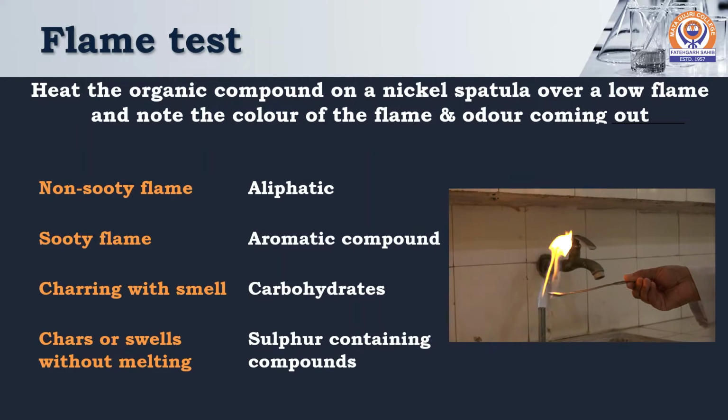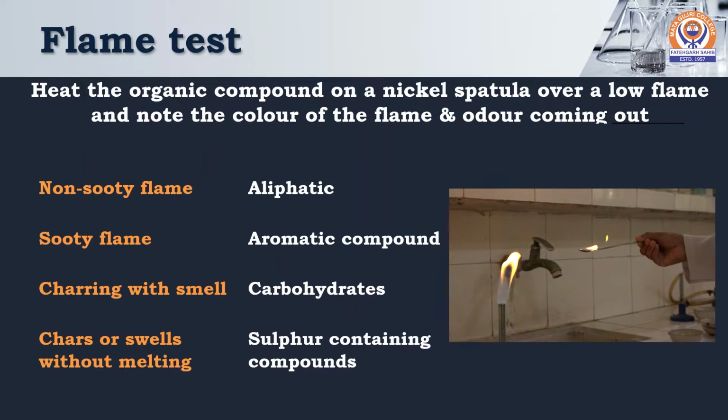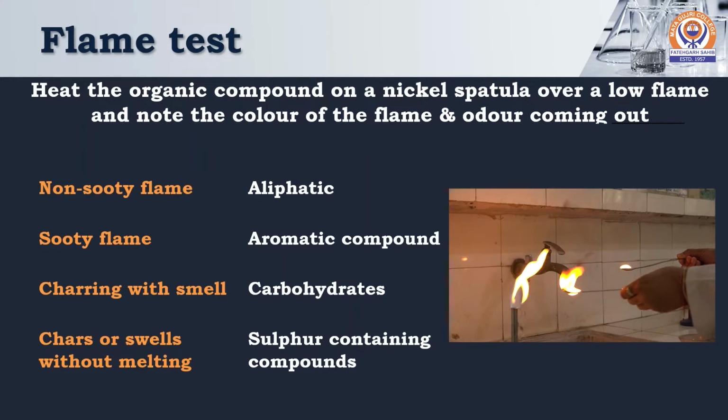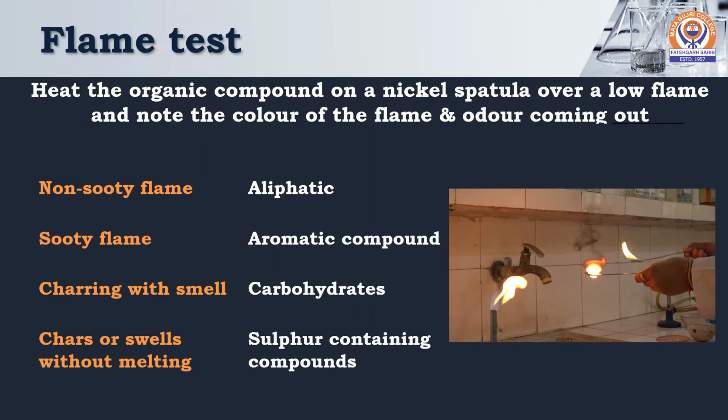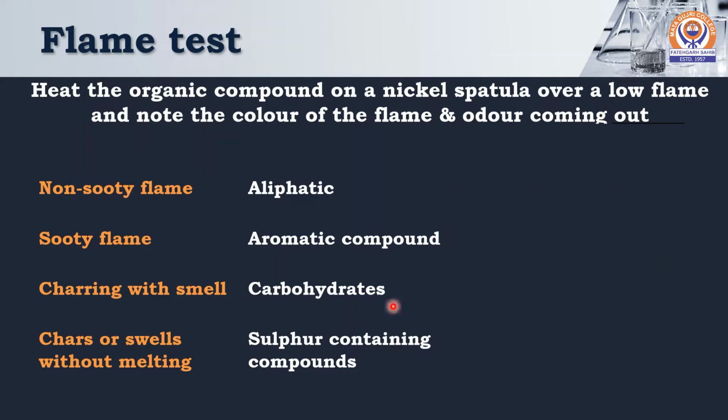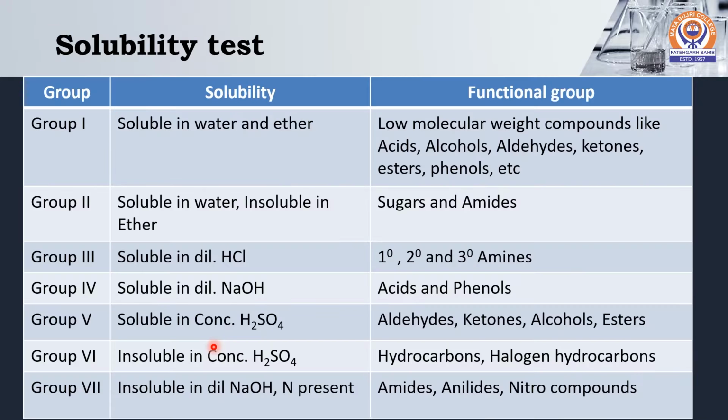As you can see in the video, it is giving a non-sooty flame, so aliphatic compound. And sooty flame is given by benzene, which is an aromatic compound. Charring with smell is given by carbohydrates, and if it chars and swells without melting, then sulfur containing compounds may be present.